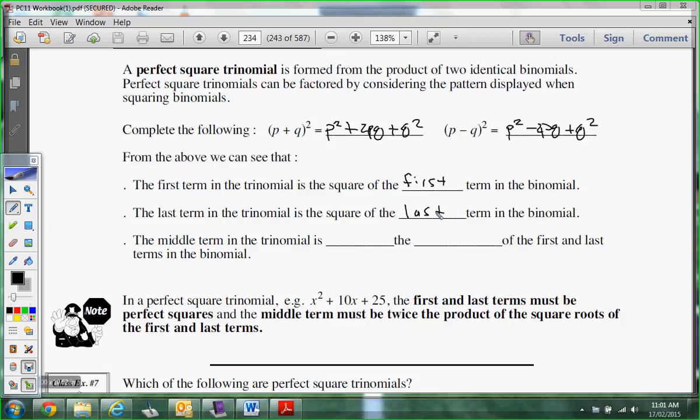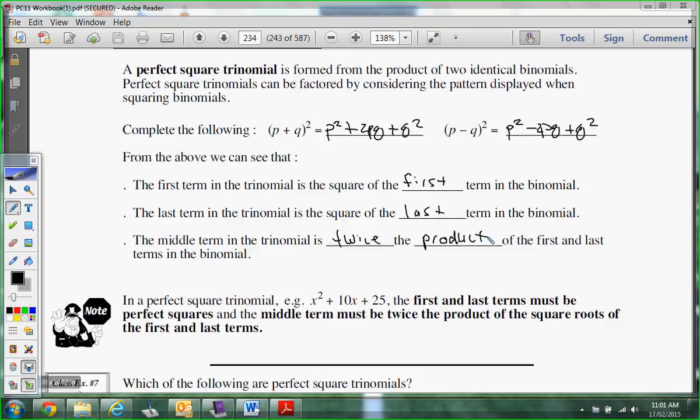So first and last is p and q. So these are both 2pq and 2pq. It's twice the product. That's the pattern. So it's going to be p times q times 2. And why it changes, that's p times a negative q. So that's negative pq times 2, which is negative 2pq. Okay, so that's kind of your pattern breakdown.